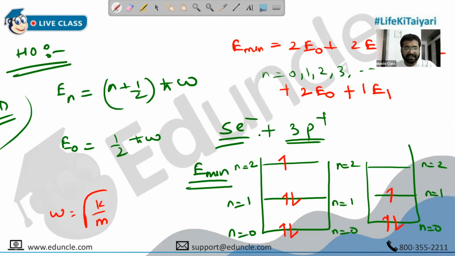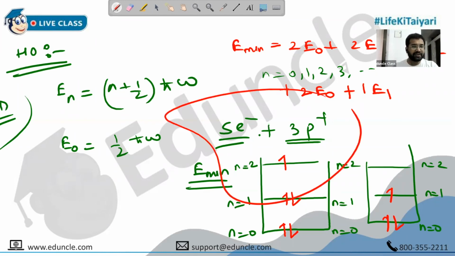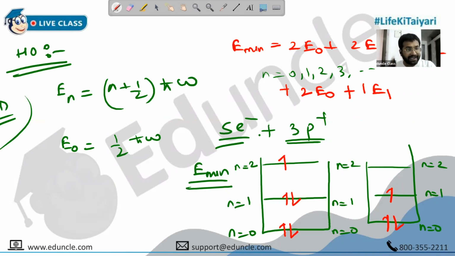Obviously, this logic is not valid here, but if they are giving you a question like this, see, this was a very instinctive question that I took right now. But if they are giving you a question like this, then it is their responsibility to mention that electrons and protons have got same omega. And if they have different omega, then automatically E naught dash and E1 dash will be right. Clear, everyone?